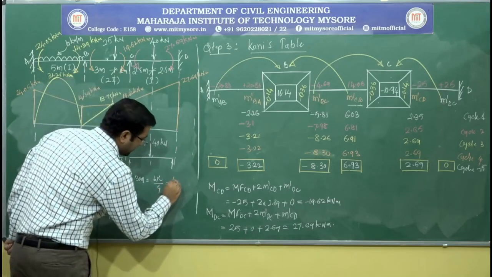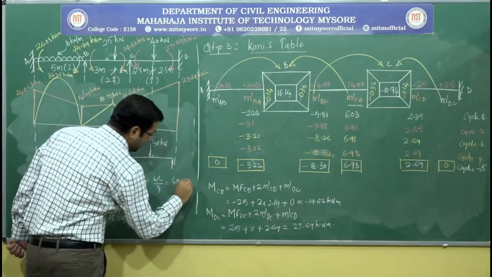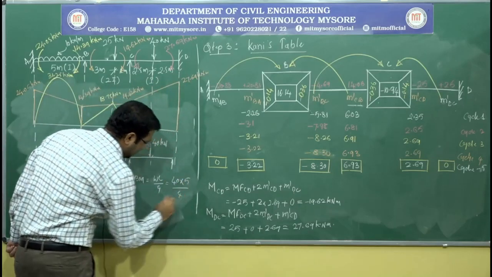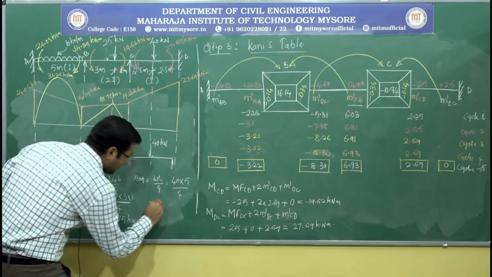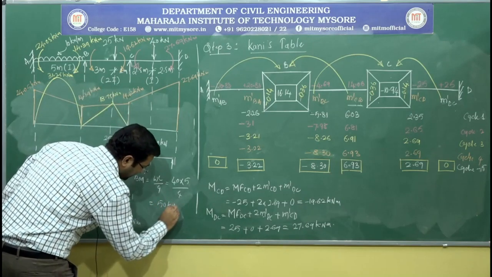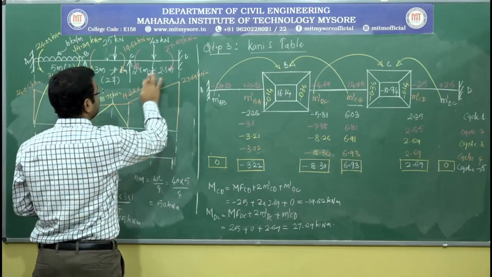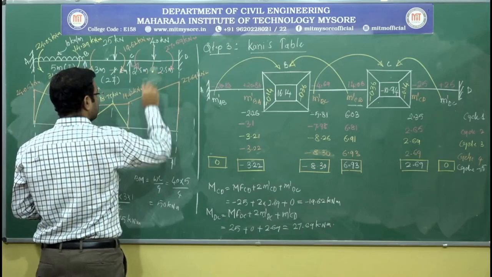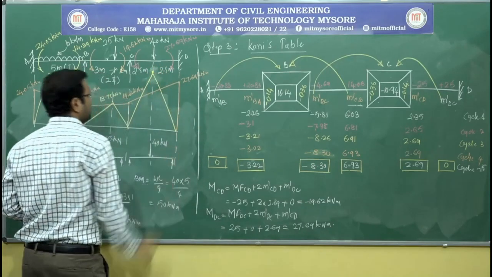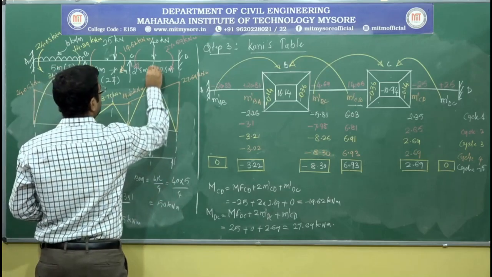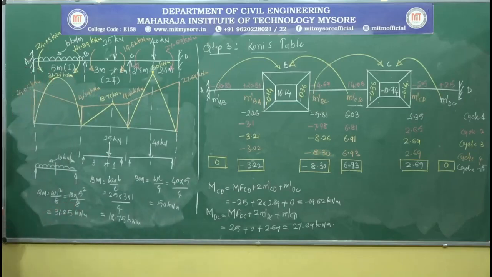So W is 40 kilonewton, L is the total span of 5 meter, divided by 4, that gives you a value of 50 kilonewton meter. So that I need to represent. So here it will go a little up. Okay. Because of the concentrated load, the variation is linear. So this value is 50 kilonewton meter.